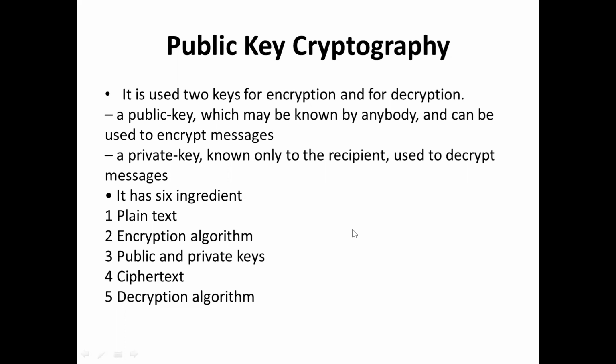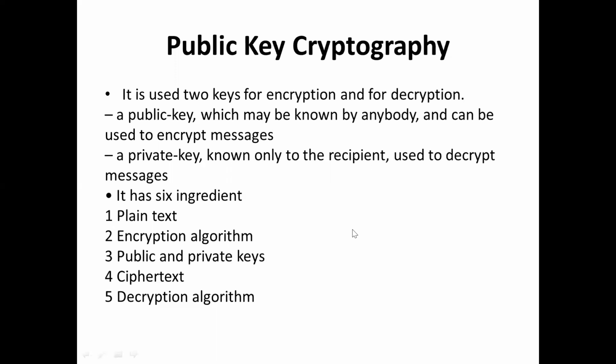In public key cryptography, each participant has two keys, one public and one private. The public key is known to all the participants in the network, whereas the private key is personal and known only to the recipient.